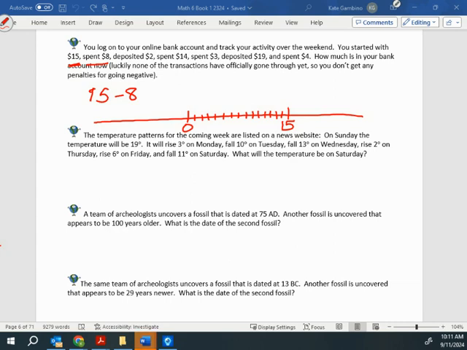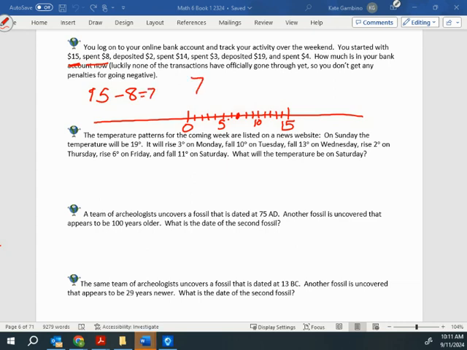So I can use that for 15 minus 8. 1, 2, 3, 4, 5, 6, 7, 8. So 15 minus 8, I landed here, which is 7.